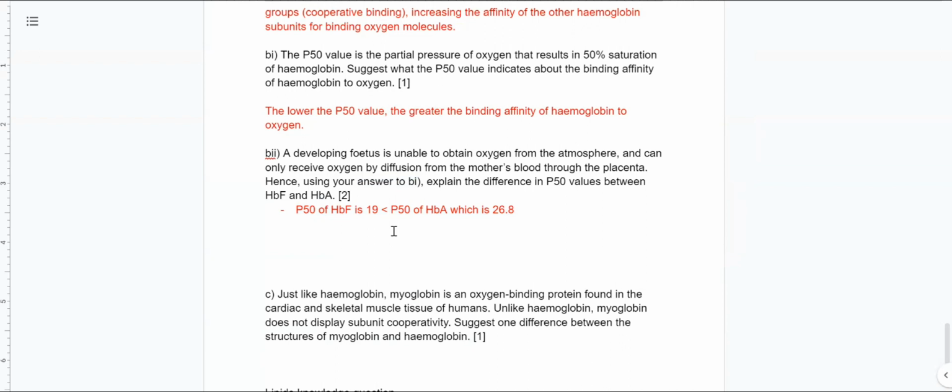So using our answer for B part 1, that must mean that HbF binds to oxygen with higher affinity than HbA. But of course, we cannot stop our answer here because that's still not explaining why HbF needs to bind oxygen with higher affinity than HbA.